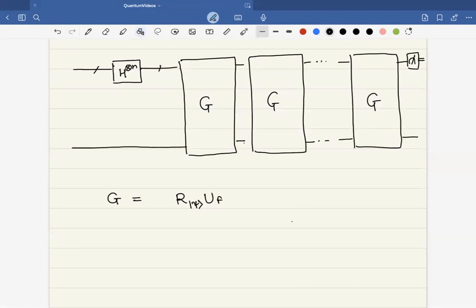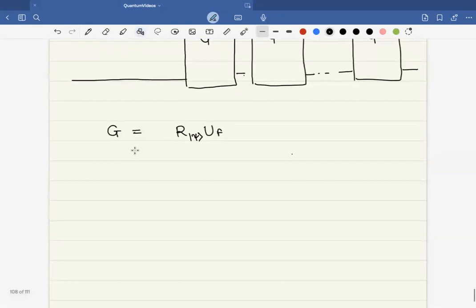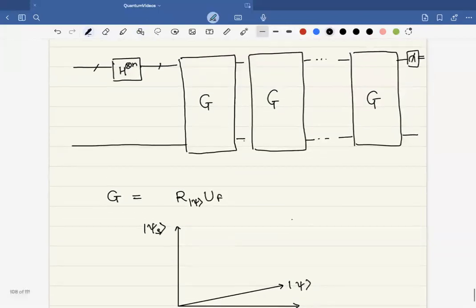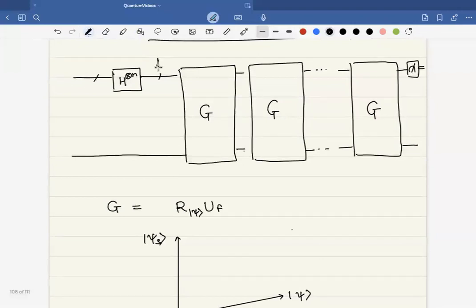we have the two-dimensional picture that we have is the following. So our input to the Grover circuit over here, at this point, is this vector psi, which is the uniform superposition vector.